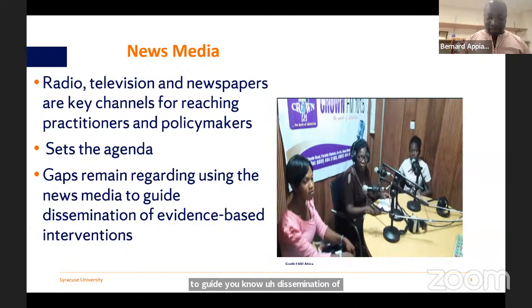There are several gaps. Part of the reason is that there are instances when you find that people with expertise in communication are not working directly, or even indirectly, with those who generate the evidence.